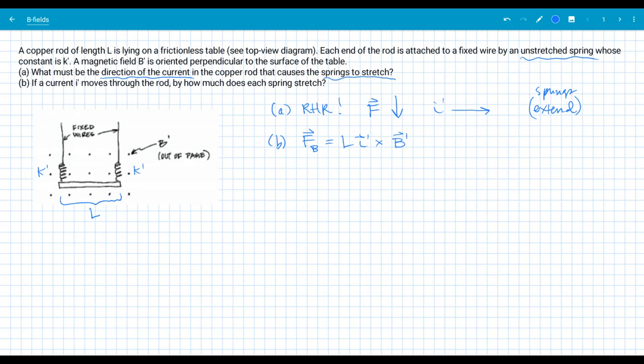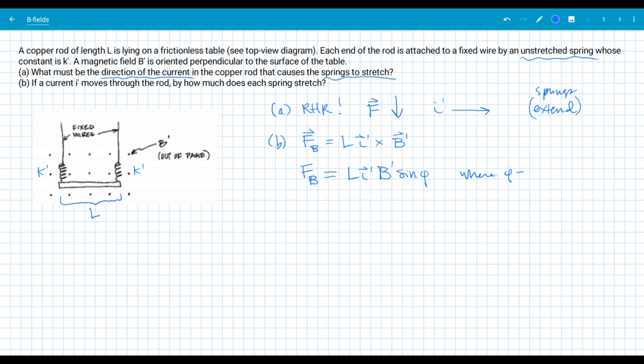Now, what I can do here is say, all right, I'm going to figure out the magnitude. So now I'm leaving the hat off. The magnitude here is then going to be L I prime B prime times the sine of the angle between them. Now in this case, I is in the plane of the page, B is in and out of the page. So we have a really clear-cut case.